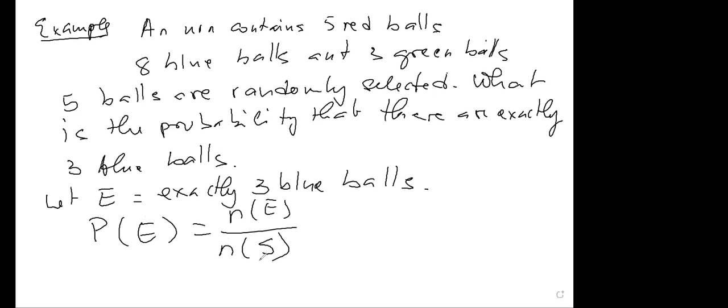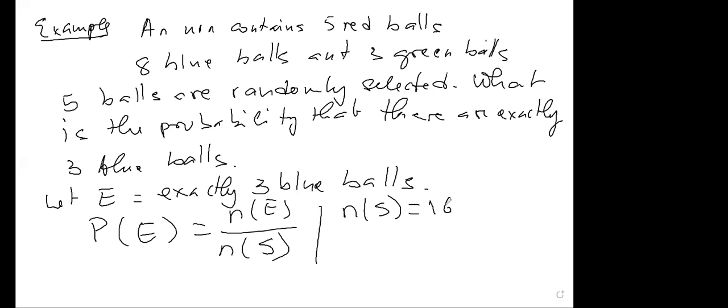The number of outcomes in S is the number of ways to choose 5 balls from that urn, because the experiment is to pick 5 balls. In how many ways can we pick 5 balls? So we need to know how many balls are in the urn. How many balls are in the urn? 16. So we want to choose 5 out of 16.